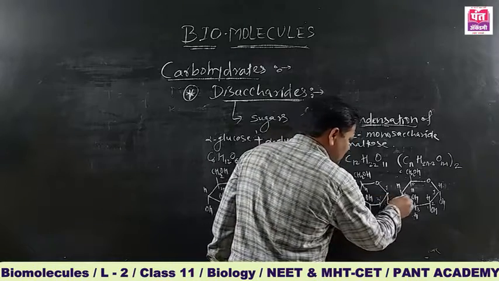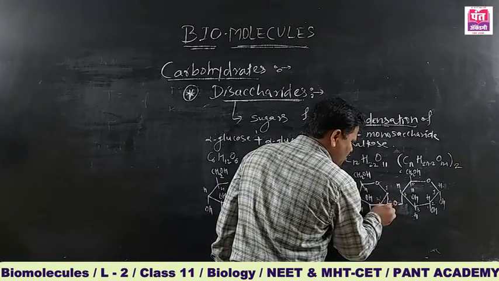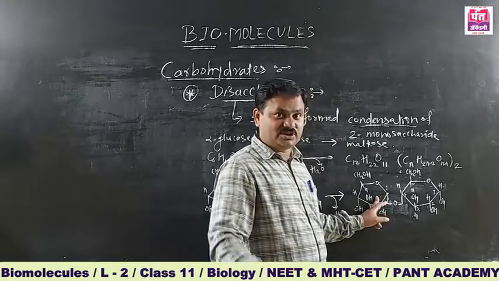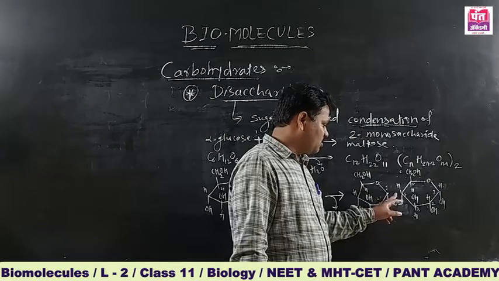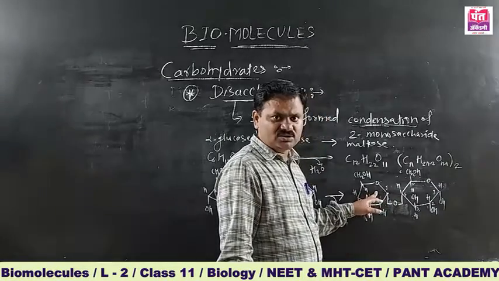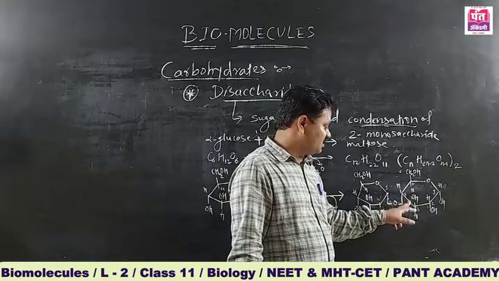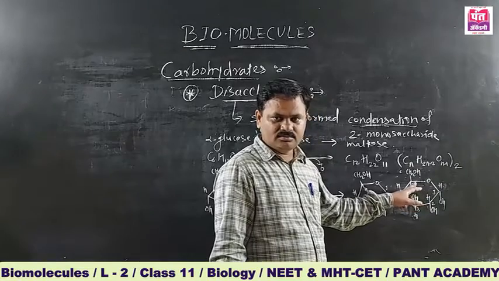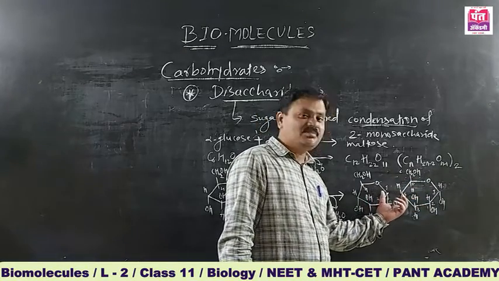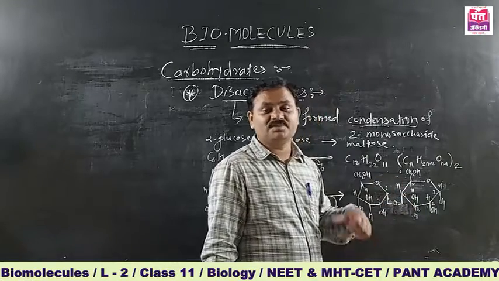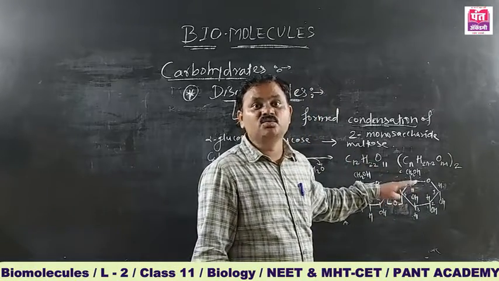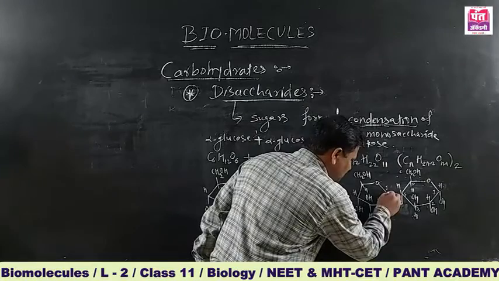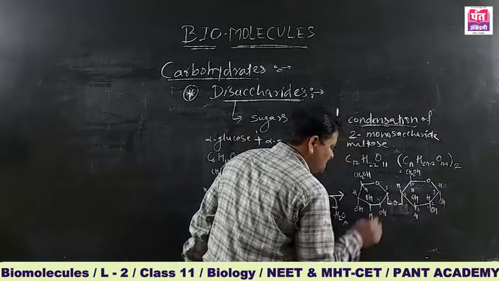So the OH group of the first carbon atom of the first monosugar, especially glucose, reacts with the OH group of the fourth carbon atom of the second sugar, and therefore this linkage can be named based on the involvement of the carbon atoms and their OH groups.